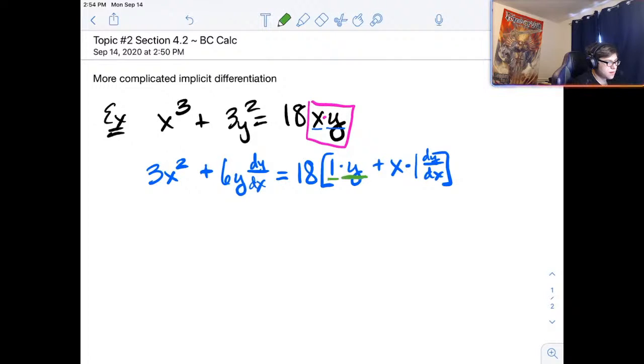We have simply copied it down again. It was over here, when we actually took the derivative of the y value, that we had to recognize that with the dy/dx. So again, we have the derivative of the first times the regular second plus the regular first times the derivative of the second, which is the part that required the dy/dx.